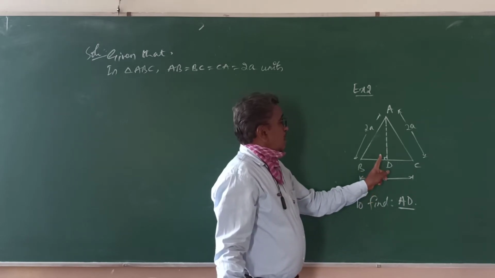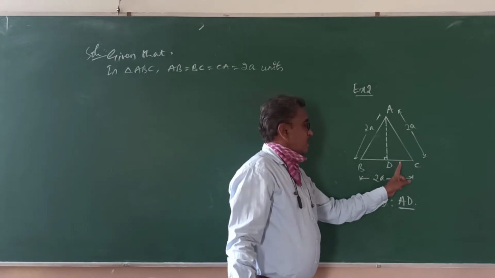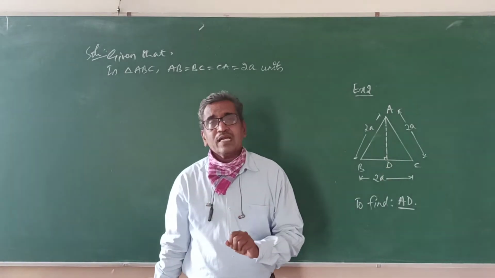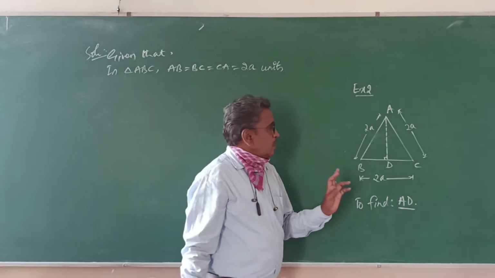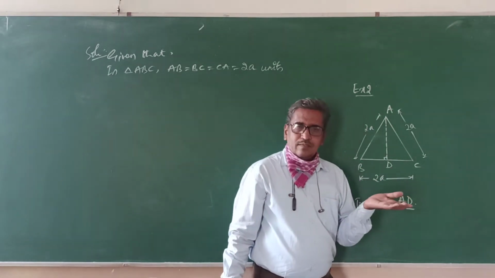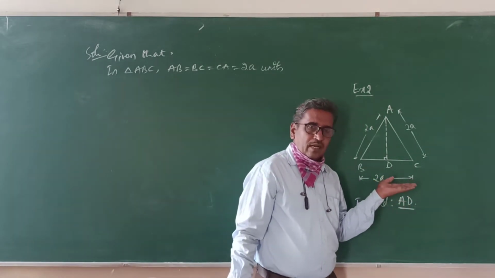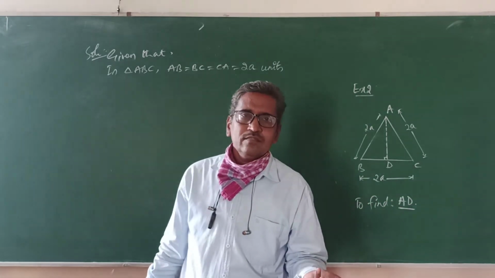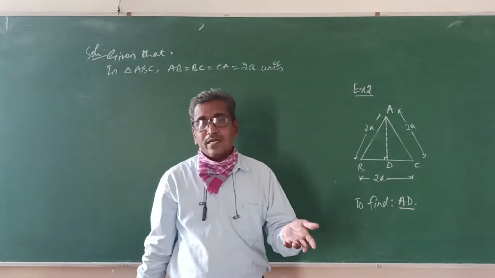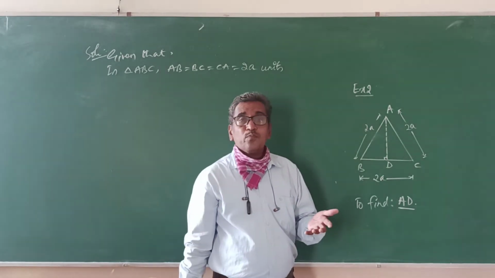What is the relation between BD and DC? Directly we can apply a property, otherwise we are going to show it. An equilateral triangle is isosceles, but an isosceles triangle is not necessarily equilateral. So what is the property of an isosceles triangle?